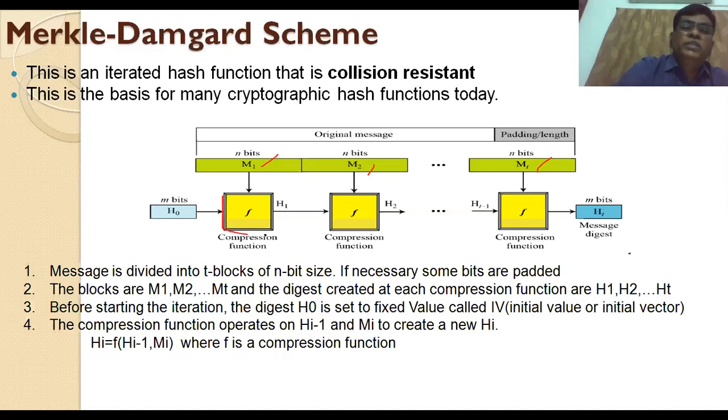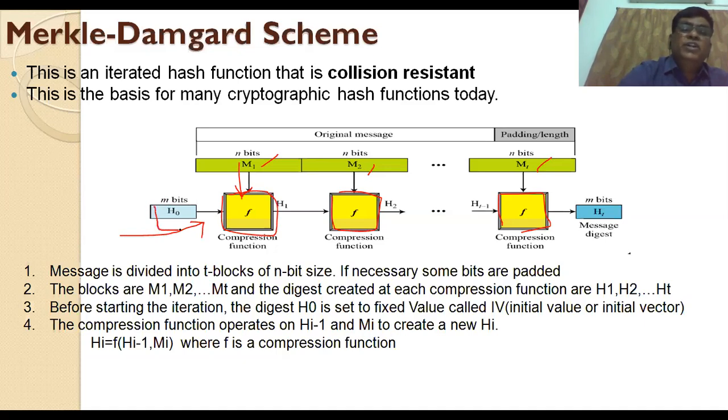Now assume this is the compression function, hash function. This is another compression function. All of these are F, which indicates the compression function. Now consider the first step. The first block M1 is sent to the compression function. For the compression function, you also need to send an initial hash value of size m bits.